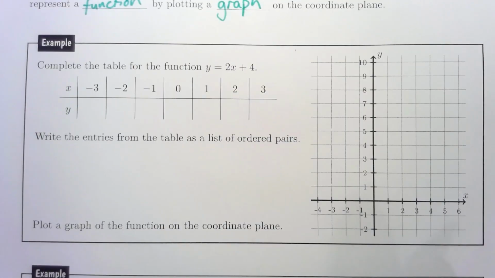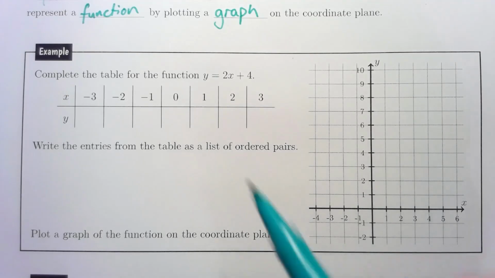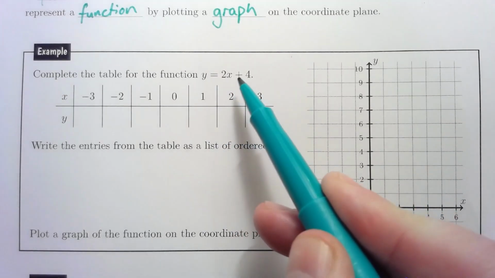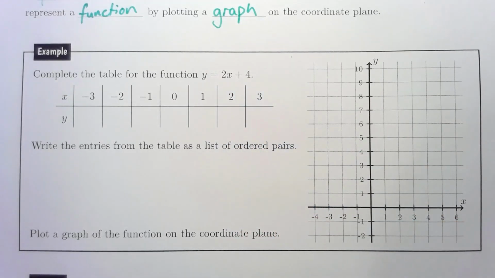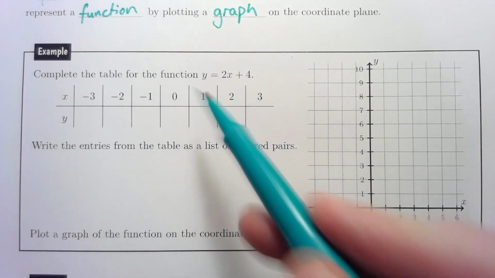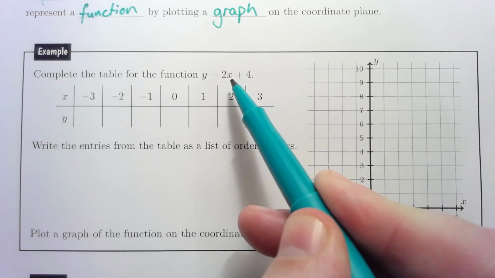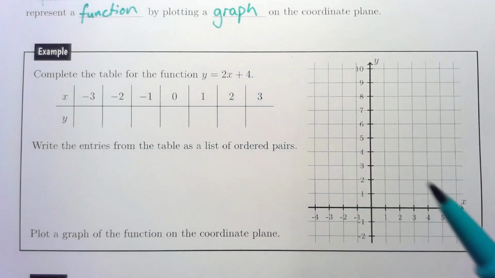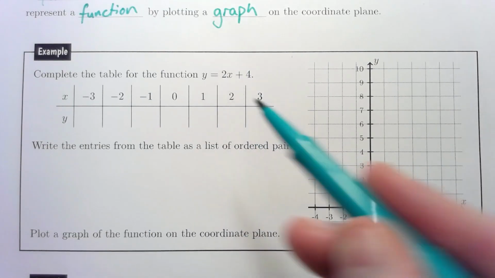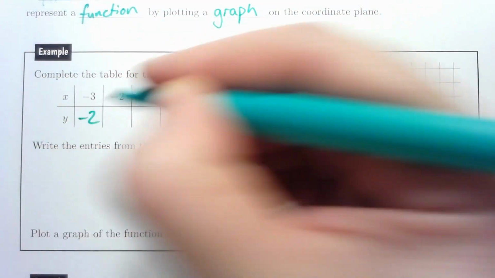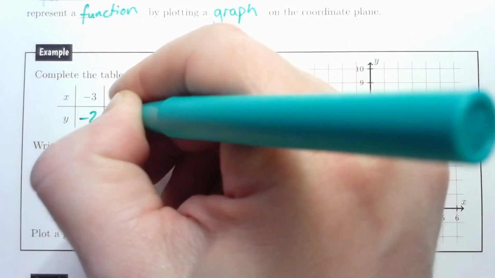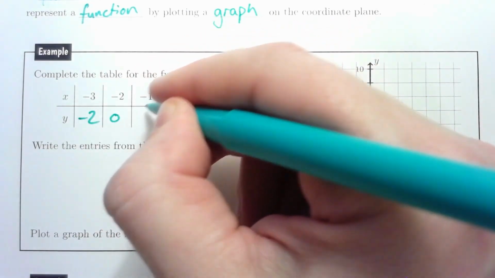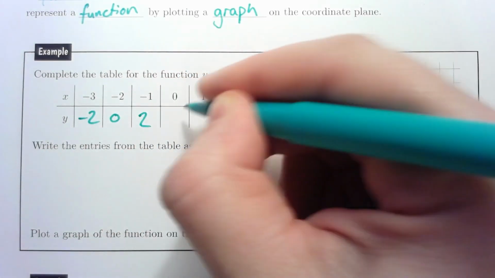So in our first example, we have the function with the rule y equals 2x plus 4. So we can go through and fill out this table. We've done this before, but remember, x is our input. So we take our input, -3, multiply it by 2 would be -6, plus 4 is -2. And then we can go through and fill out the rest of the table.